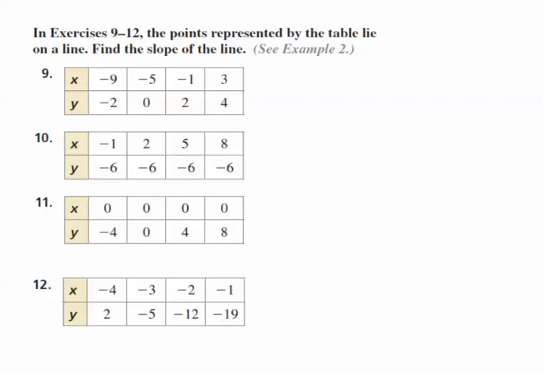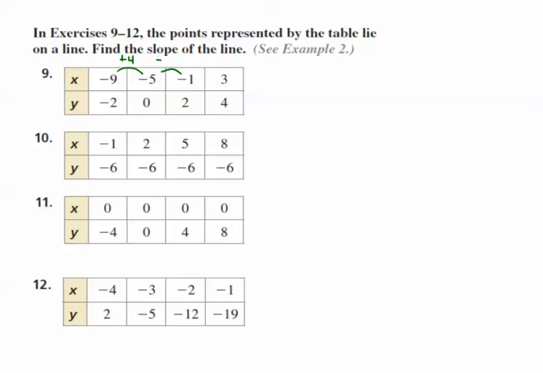All right, then in this next collection of problems, we now have points from a line, but this time represented in a table. And so we want to still do the same type of things that we did before. I want to find the change in x as we go from negative 9 to negative 5. We're moving to the right by 4.